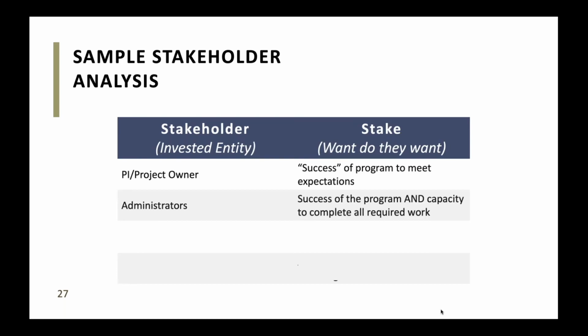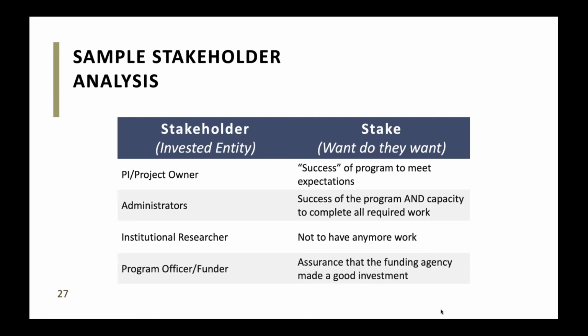You may have the PI, the project owner, administrator, institutional researcher, program officer, or funder, and everyone has a different perspective. So at least being very conscious of what their perspective is and what they may want out of the evaluation is really helpful in regards to how you frame that message. And while this sounds like a lot of extra work, really in practice, it's not. It's really just taking the perspective of the other person and helping to frame a message in that regard for them.